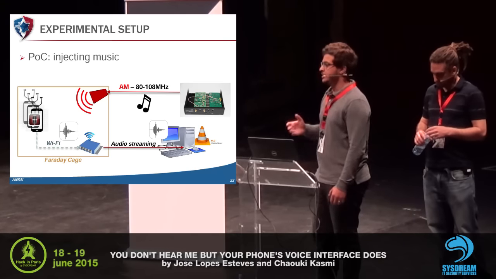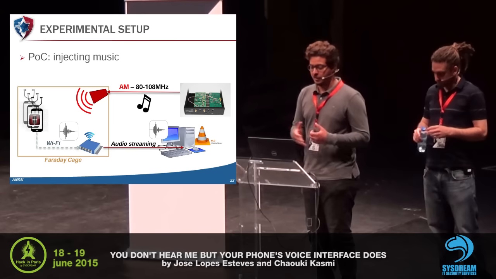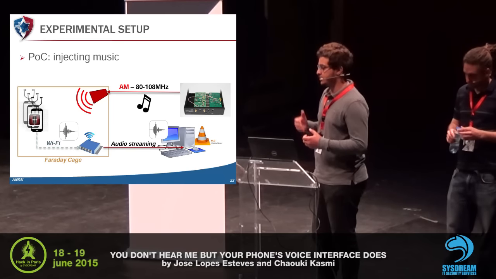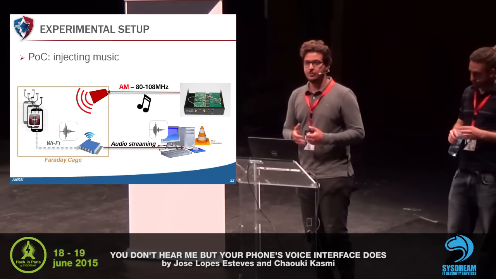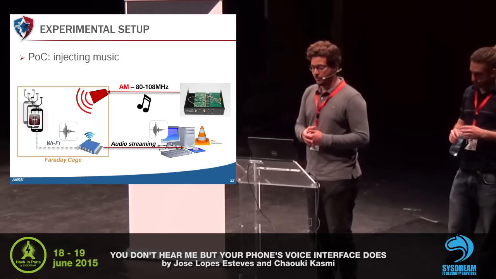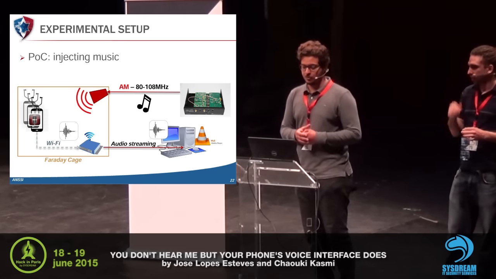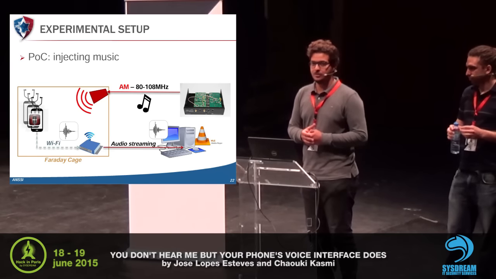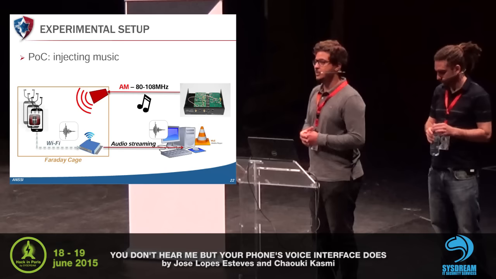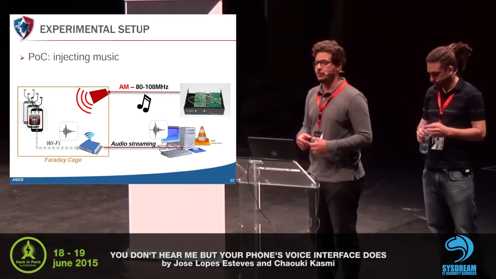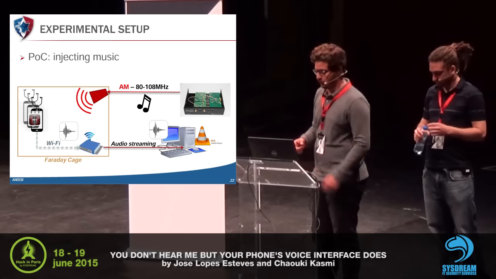What do we need to check that we are able to inject voice? You just need a software-defined radio to generate an amplitude modulated signal in the right frequency band. You may also need an amplifier, as you need a little bit of power. And you need a set of targets with the headphones provided by manufacturers.